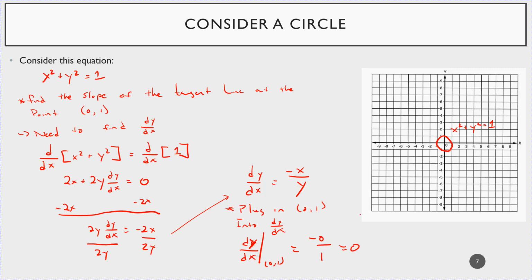So the slope is 0, which is what we would expect because at the point (0, 1) we have a horizontal tangent line. Okay, we got it.